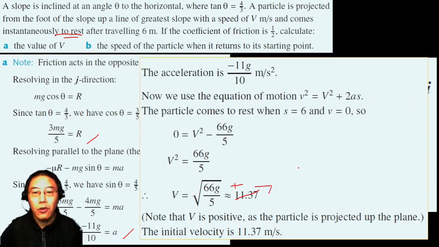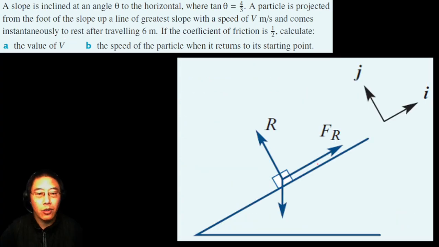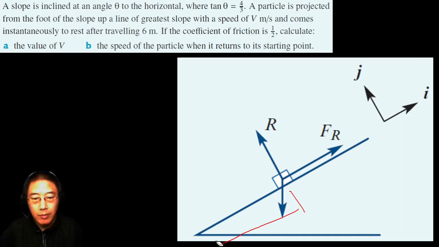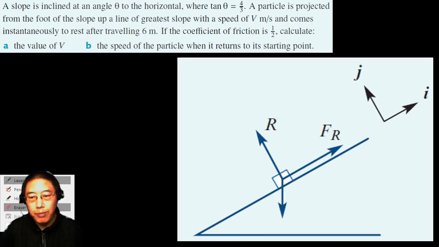Alright, for part B, when it returns to the starting point, we're going to continue from where it stops moving. So it stops moving, which is basically 6 meters. You're probably going to use the equation of motion.